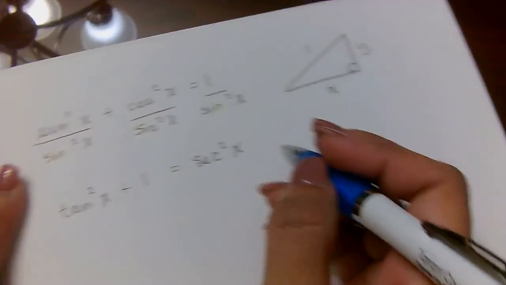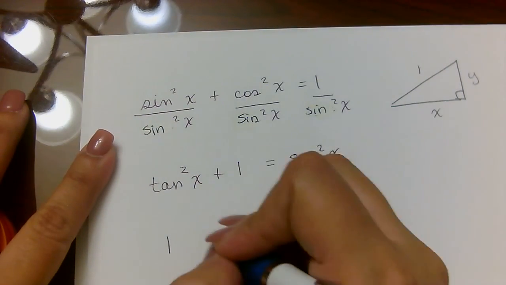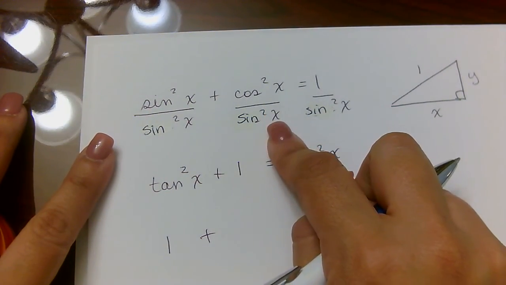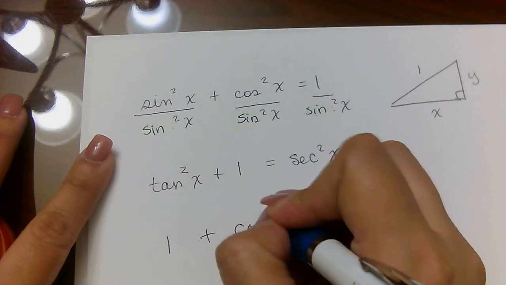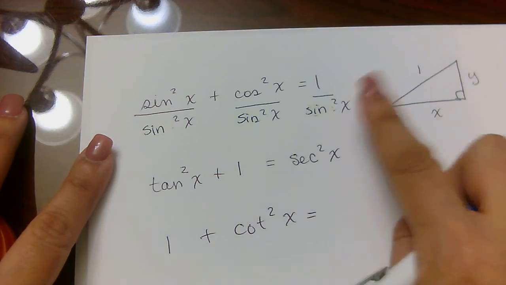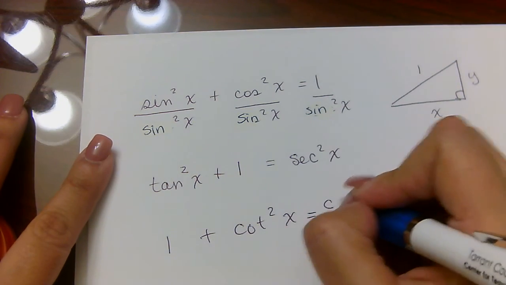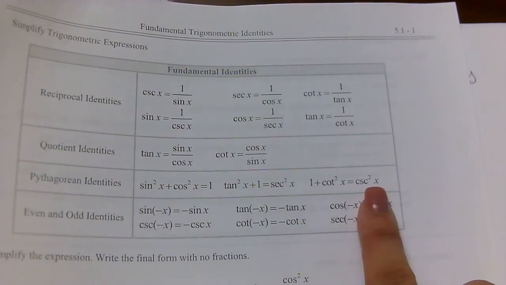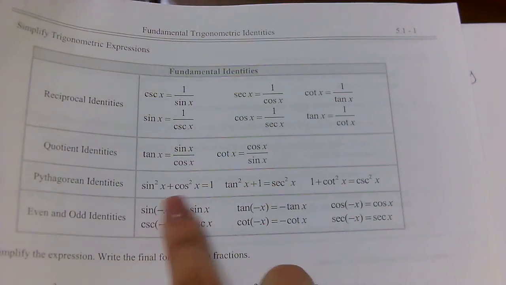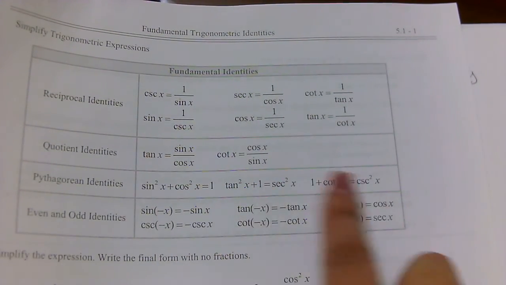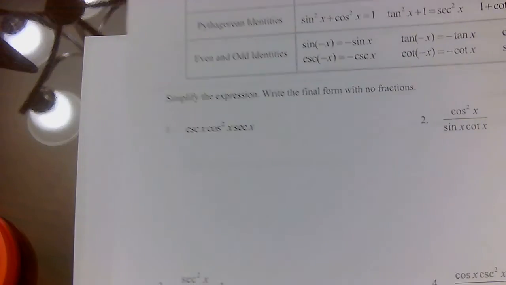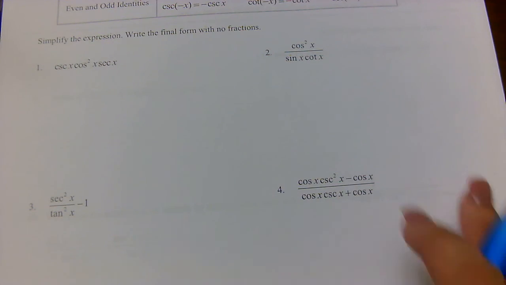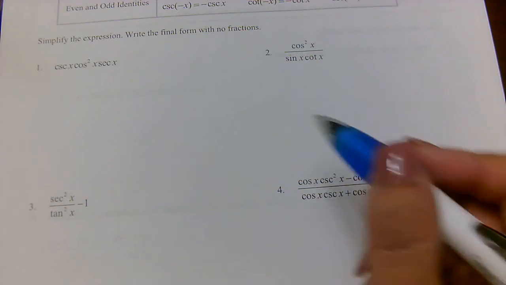Sine over sine, that's going to equal 1, plus cosine over sine, that's cotangent, is equal to 1 over sine, which is cosecant. This equation is the same one that we have here. Okay, so as long as you know the first one, you should be able to derive the other two fairly easily. This is definitely going to be the hardest unit, so make sure to spend time working on these types of problems.